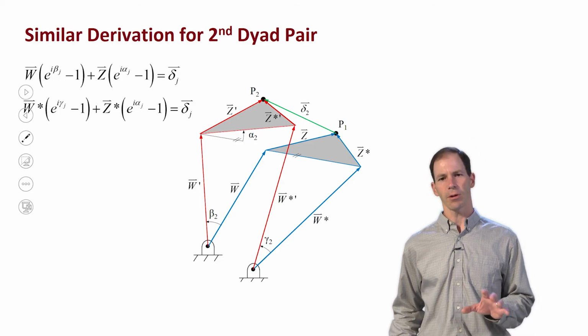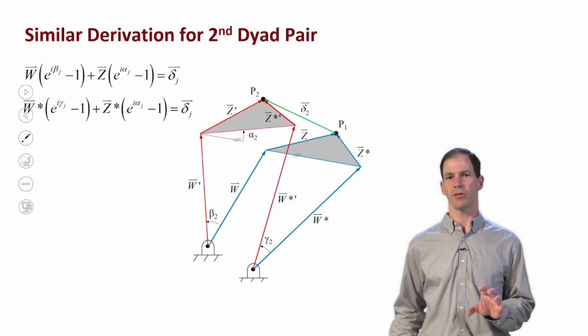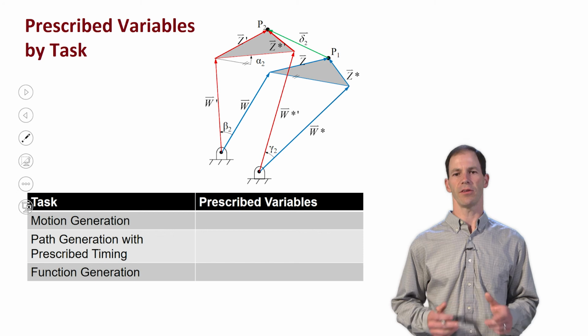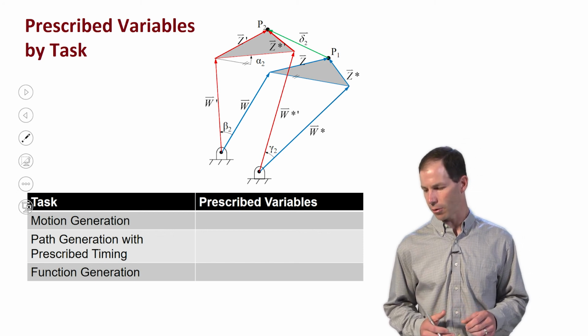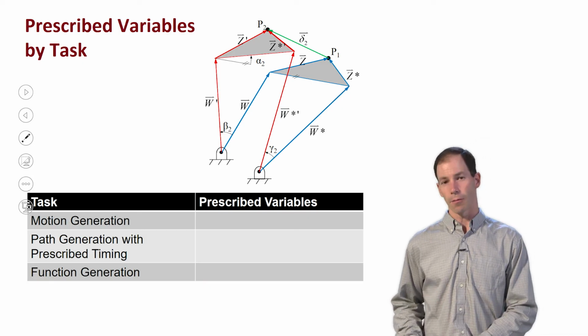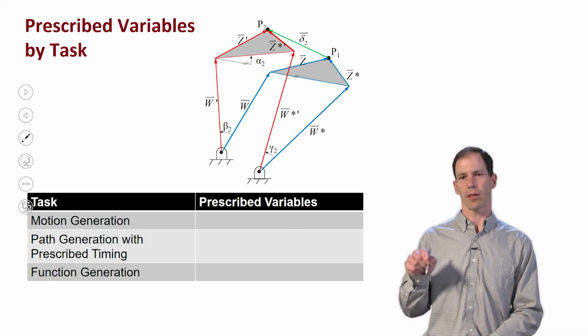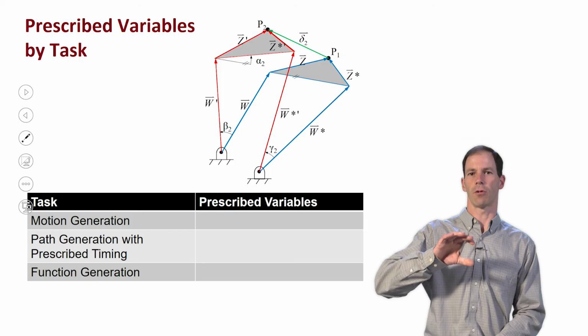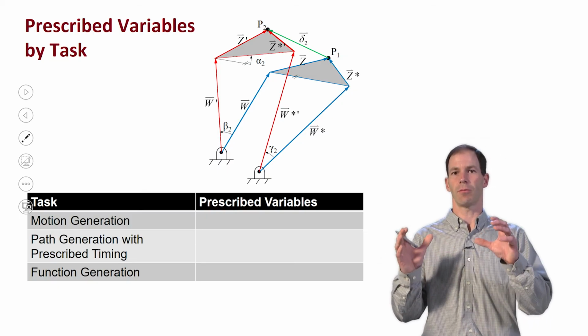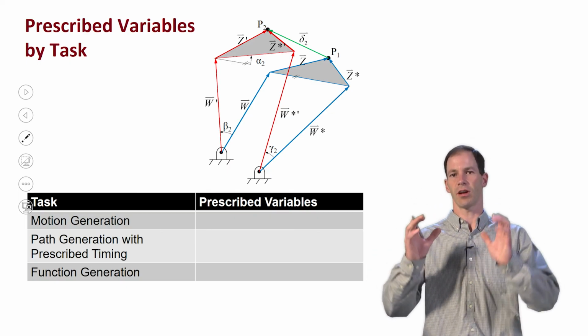All right, so once we've got this, now we're going to use this standard form to synthesize all of our different tasks. So let's talk about what these tasks are and what the prescribed variables are for each one of these tasks. So in motion generation, remember, I'm concerned about not only a point moving through space, but how much does it rotate? So this was like the kayak or the canoe loading mechanism, where I was concerned about not only where it is located, but what's its orientation.